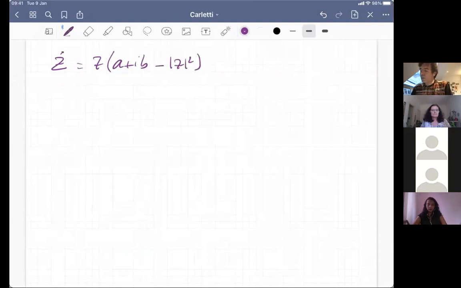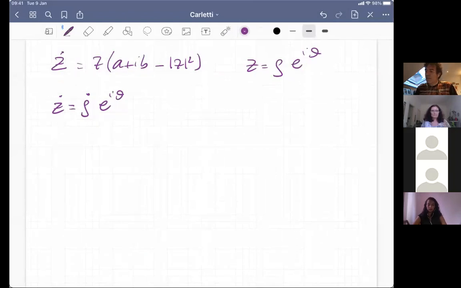And now you are writing z as rho e to the i theta. And then you differentiate z. This gives you rho dot e to the i theta plus i rho e to the i theta theta dot. And then you plug this inside the equation.